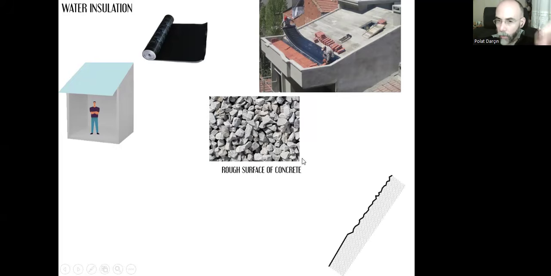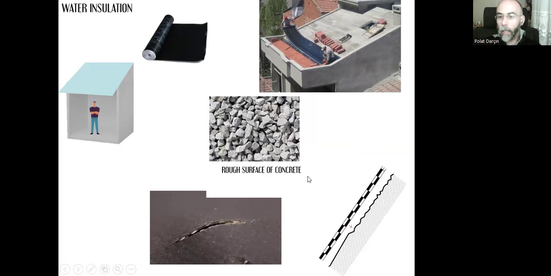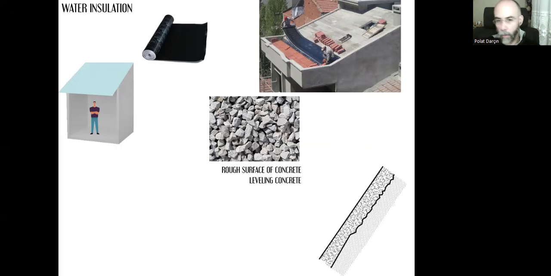Because of these aggregates, the finished surface of concrete can have sharp angles or sharp points, a rough surface. If we apply this very thin 4 millimeter bitumen over these sharp edges, then there is a risk of tearing. The bitumen sheet can be torn, and once it's torn, there's no protection from water. This will create a risk for water damage.